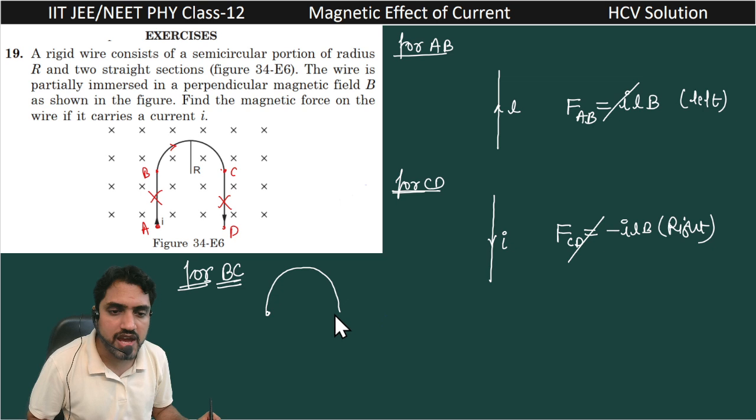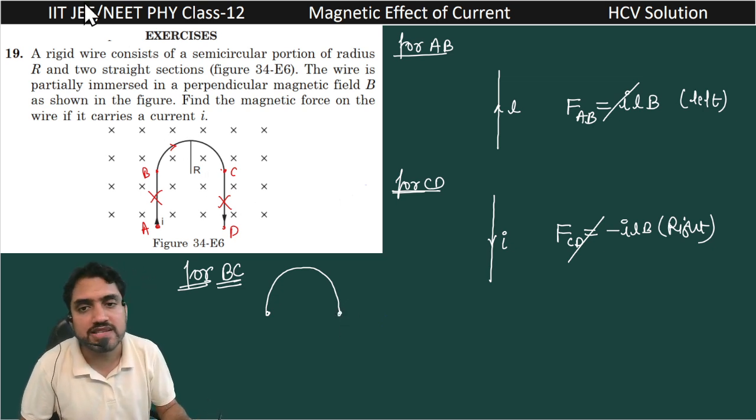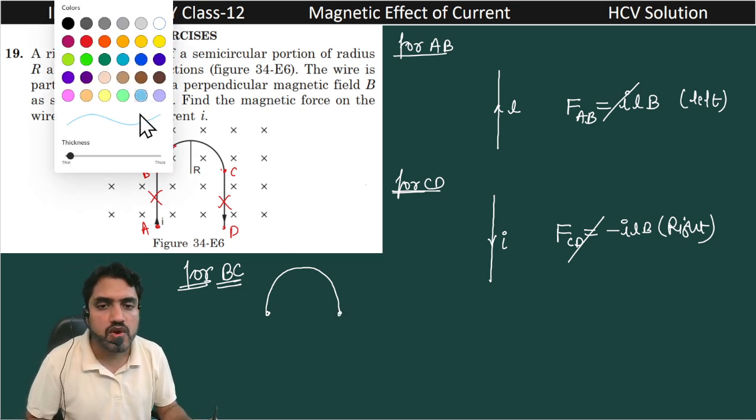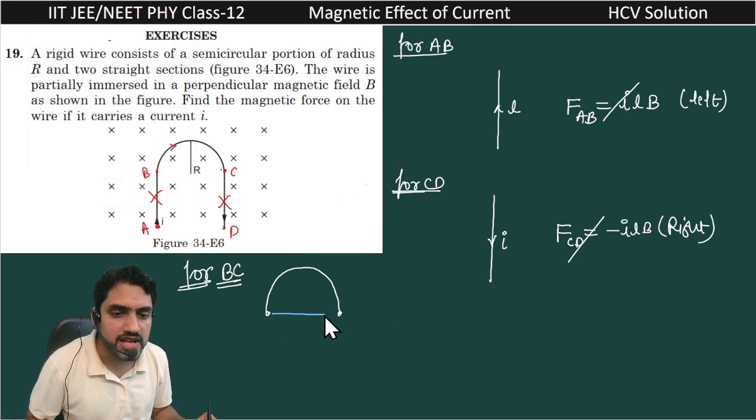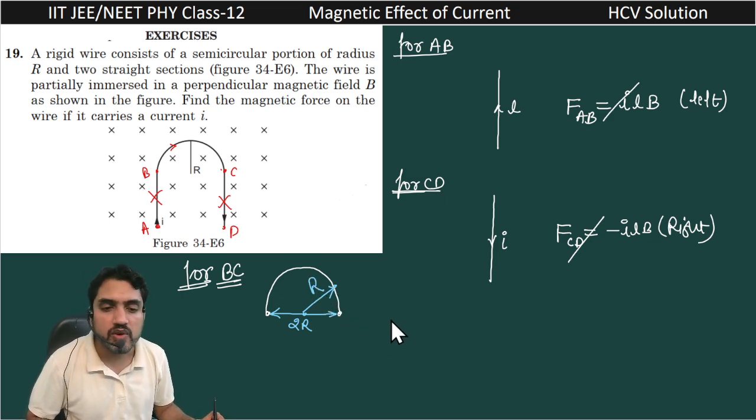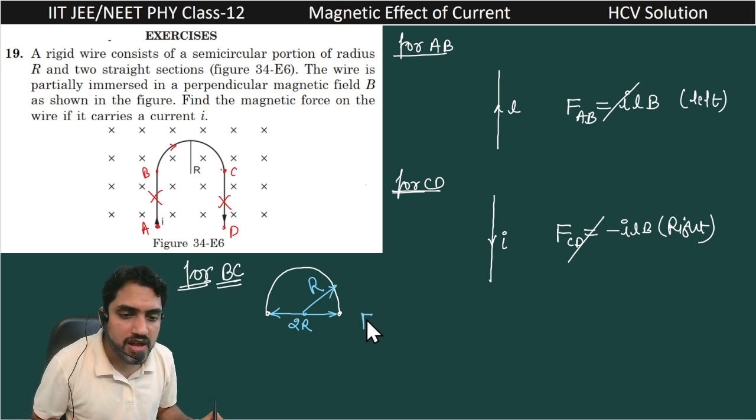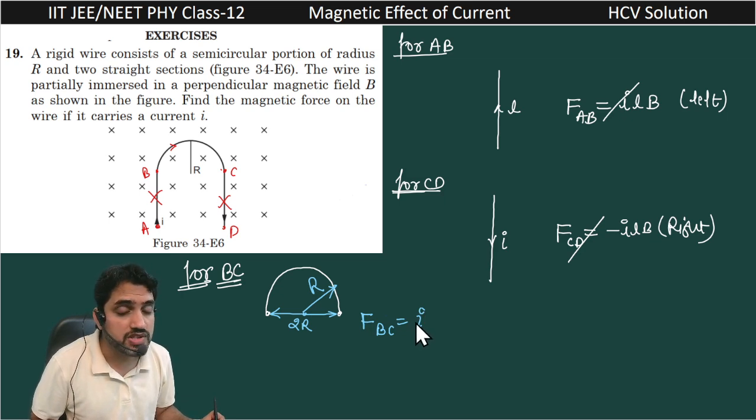We have to find the shortest length, that is the effective length, and in this case the effective length is equal to 2r, because the radius of the circle is r.